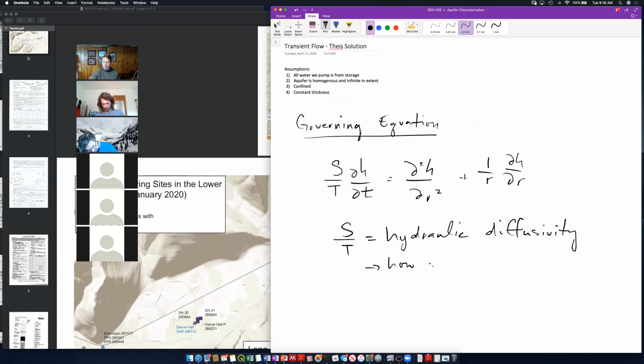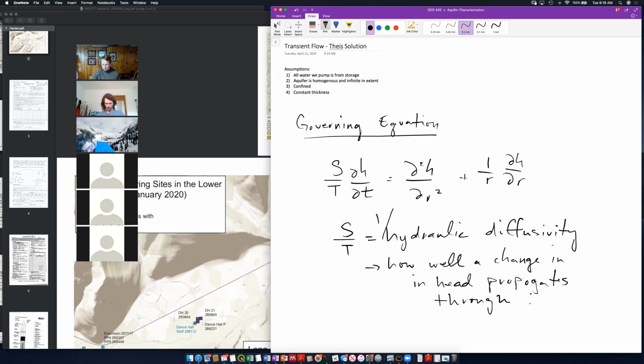So how well a change in head... this is actually 1 over the hydraulic diffusivity.